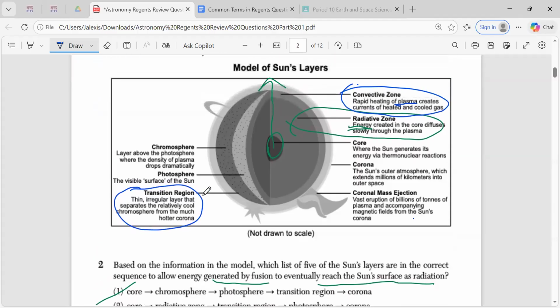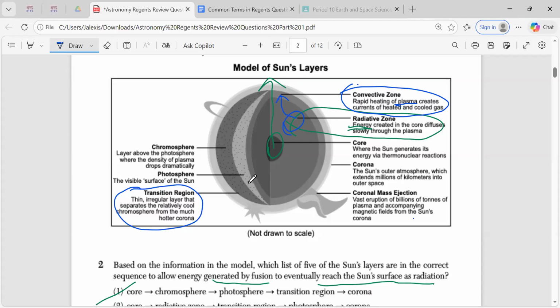One of the things I see automatically, just visually speaking, is that the convective zone looks right above the radiative zone, while the transition region is a little farther towards the surface, right? If you guys can see. So if the radiative zone is here, the next zone immediately after that looks to be the convective zone, right?